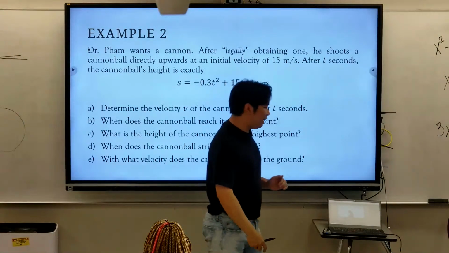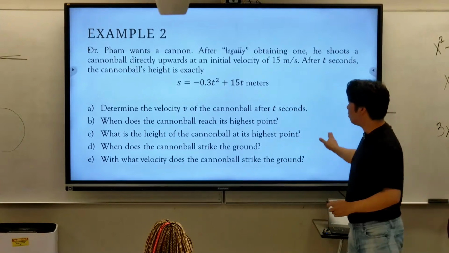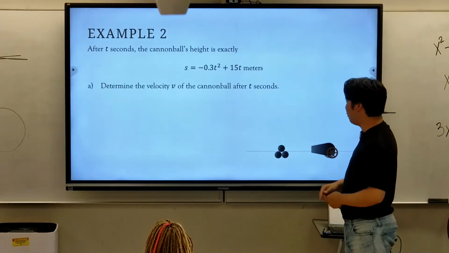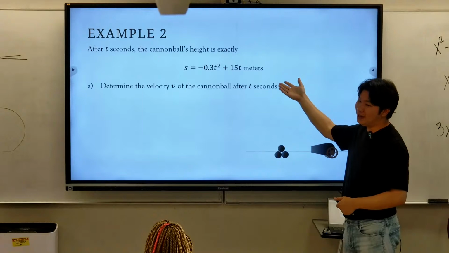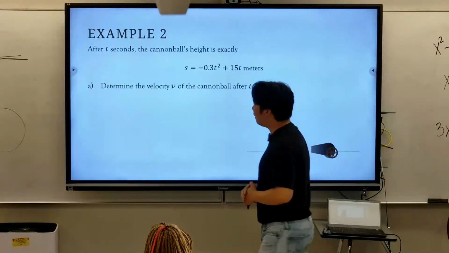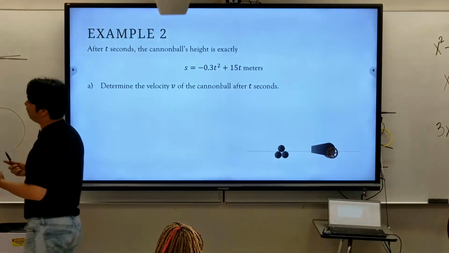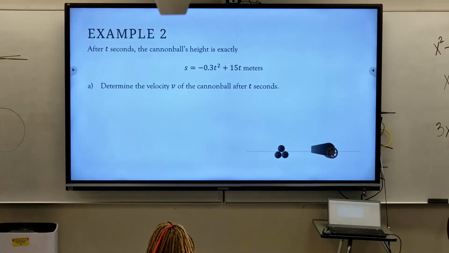So I'm going to go ahead and move this so I have the first question. So I still have the function here, and I have part A. Again, my function was my position height is given by S. And part A says, give me the velocity of the cannon after t seconds.